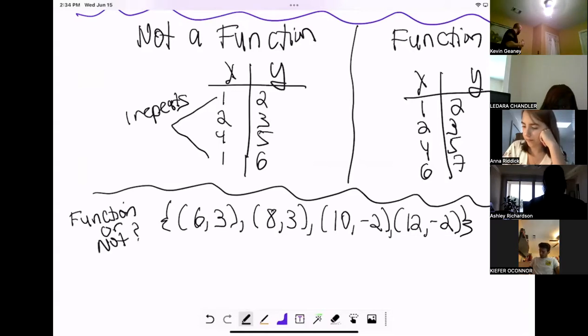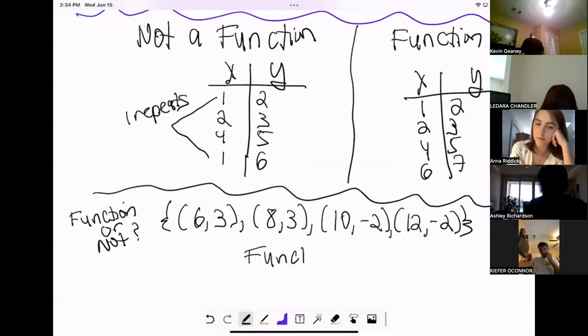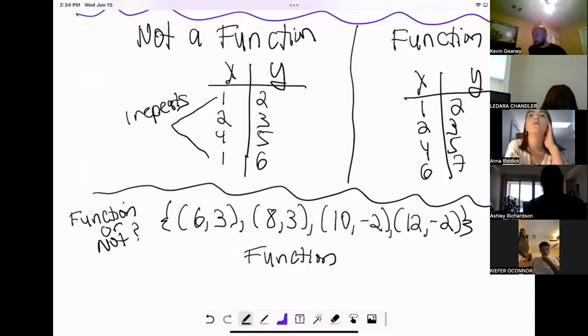All you have to look at are the x values. I have 1, 6, I have 1, 8, I have 1, 10, I have 1, 12. That is not a function. But notice I made the y's repeat. I have 2, 3 y's, I have 2, negative 2 y's. That's fine. Y's can repeat. To be a function, x cannot repeat.